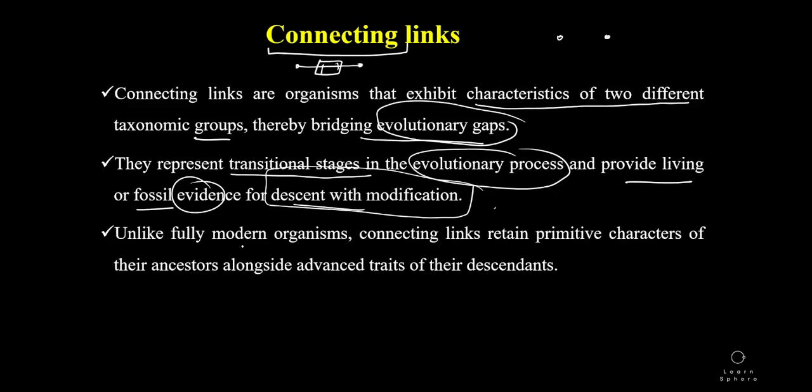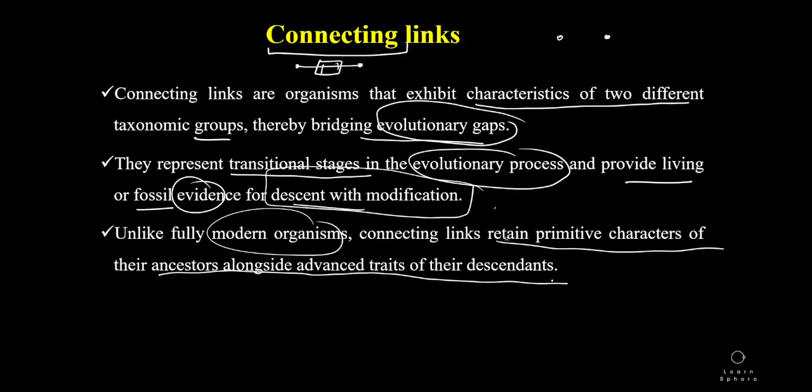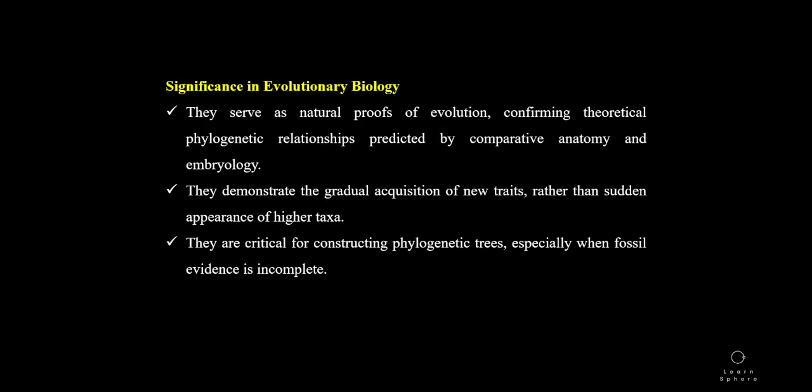Unlike fully modern organisms, connecting links retain primitive characters of their ancestor alongside advanced traits of their descendant. It means it shows the parental characters and also the descendants' characters. Clear? What is the significance?